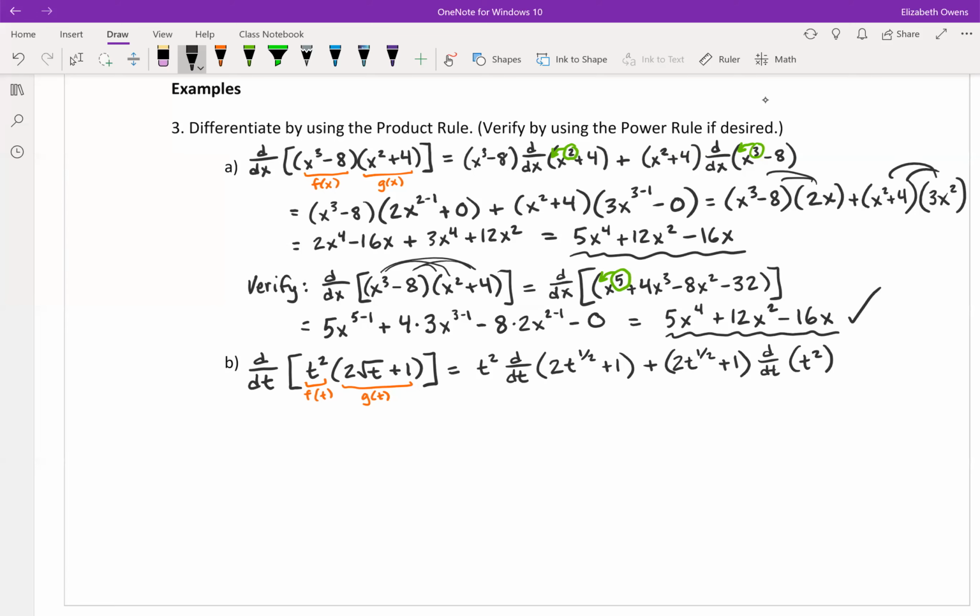Okay, time to take some derivatives here. Even though we're already in progress of taking a derivative, we'll take these two derivatives inside of the derivative overall. Okay, so we have t squared, and then times, that would be 2 times, use the power rule, bring that exponent down as a coefficient, 1/2 t to the 1/2 minus 1.